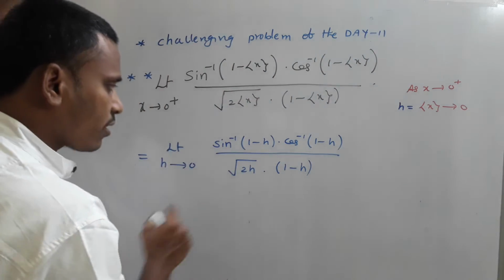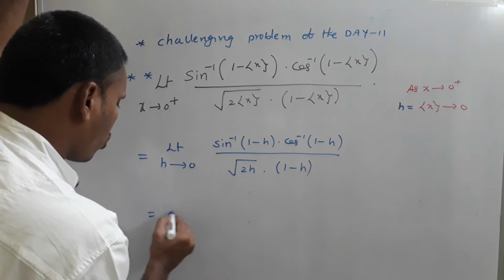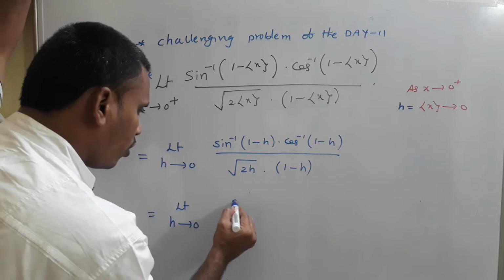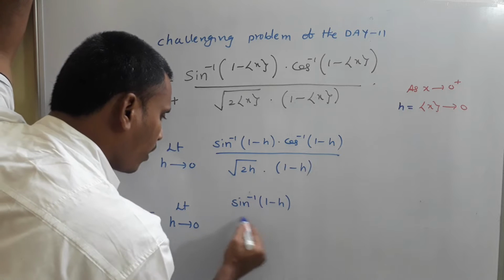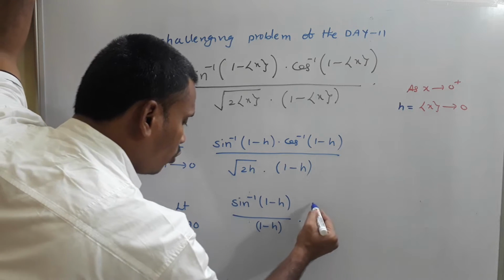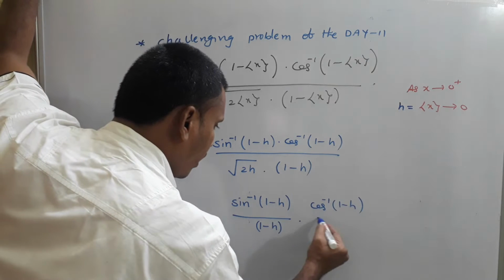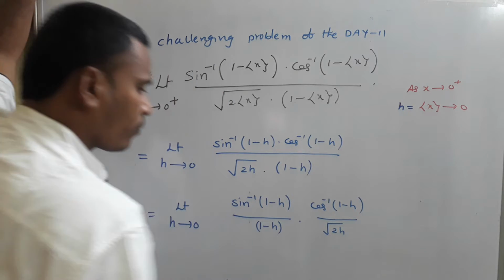Okay. So after this step, how to answer? See, after this step, the way to answer is just you collect this sin inverse of 1 minus h divided by 1 minus h into cos inverse of 1 minus h divided by root of 2h. Okay.